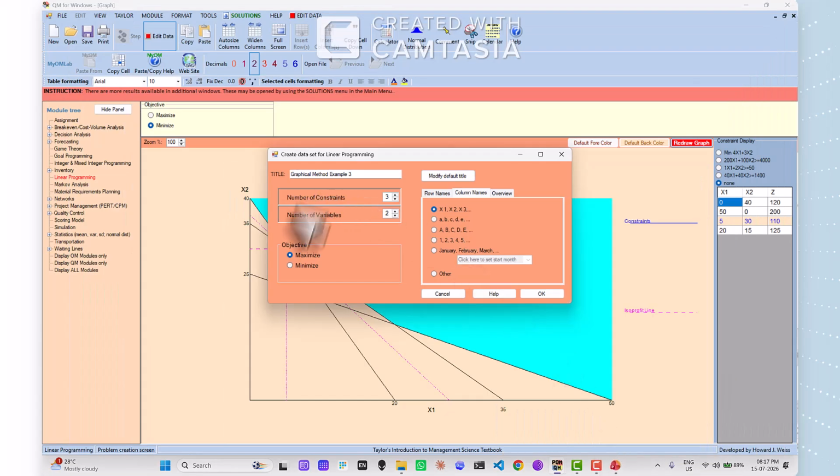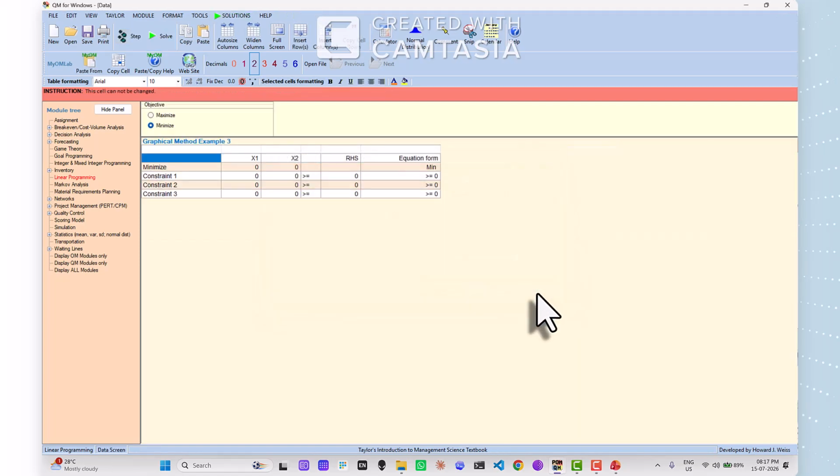This is a minimization kind of problem. Row names are constraint 1, constraint 2 and constraint 3. Column names are x1, x2, x3 and we are giving OK.